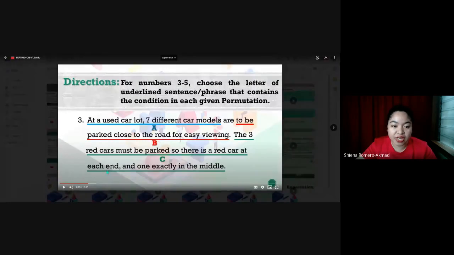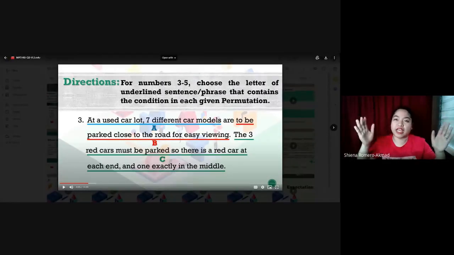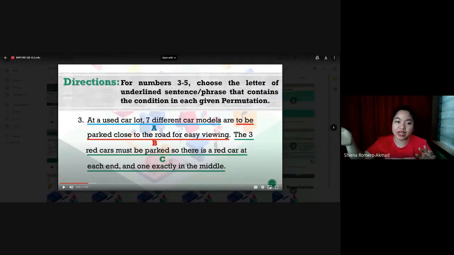Ilalagay natin siya at each end. The 3 cars must be parked so that there is a red car at each end and exactly 1 in the middle. So kung tatlo yon, ito yung arrangement natin. Sa kanan, sa kaliwa, may red car at sa gitna mayroon. Okay? So binigyan tayo ng direction na gano'n.